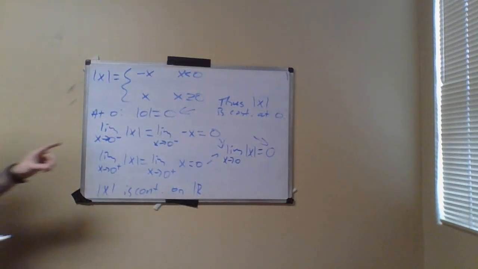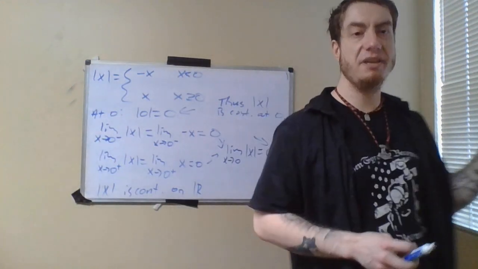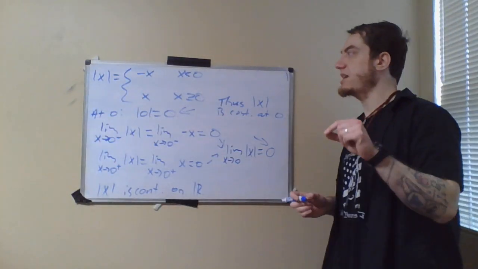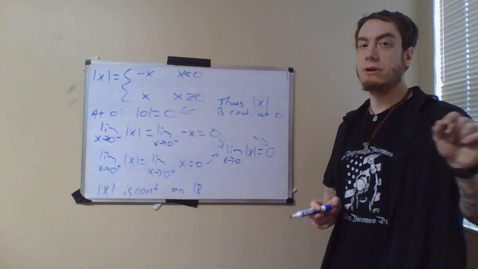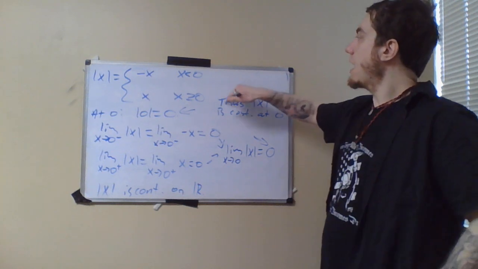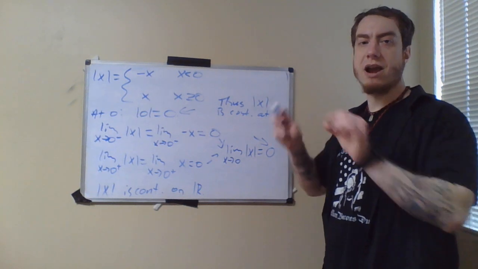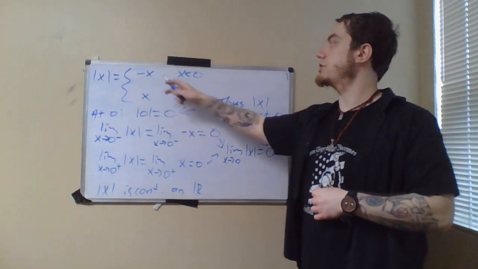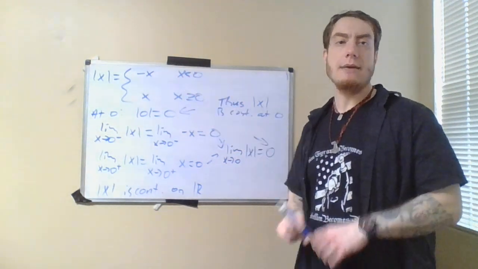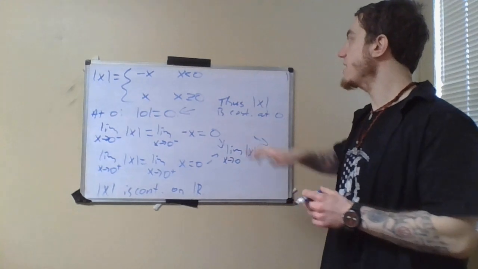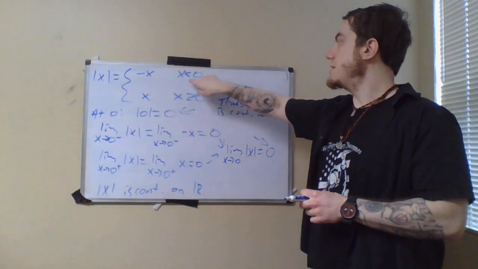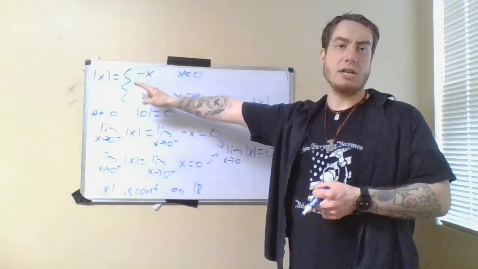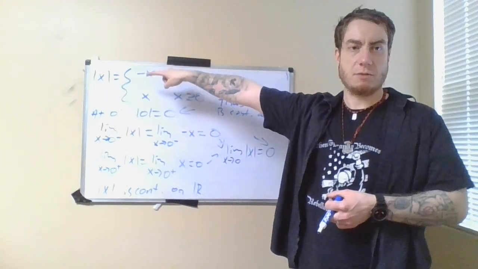When you're dealing with piecewise defined functions and you want to test for where it's continuous, if you're talking about a point where near that point the function is just defined by one expression, then you just work with that expression. Like if I care about -1, near -1, this is just the function negative x, so I just work with that expression.